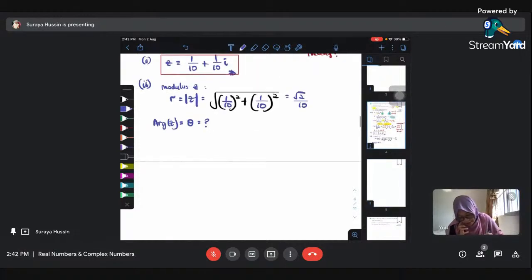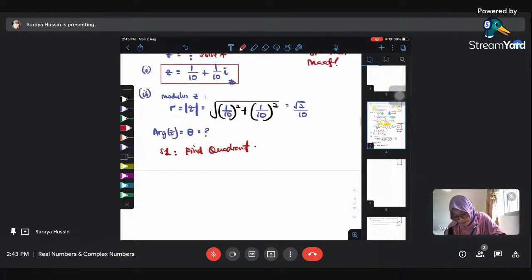Okay. So dekat sini, step yang pertama, apakah step yang pertama? Find quadrant, isn't it? Saya repeat ya. Find quadrant. Find which quadrant. So in this case, dah boleh nampak dah sebenarnya. Because this is positive, this is positive. A and B is positive, therefore, I know straight away this is quadrant 1.